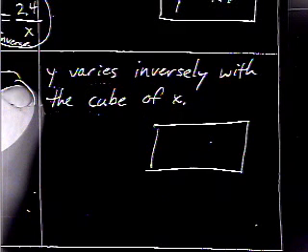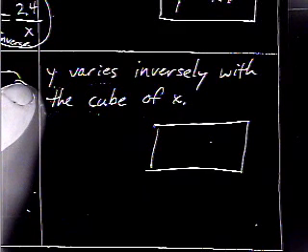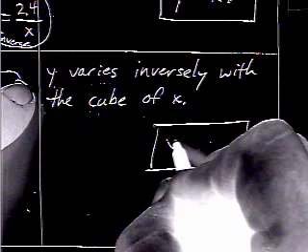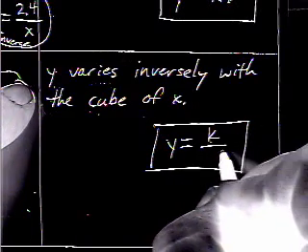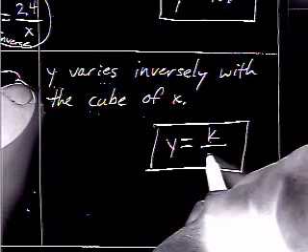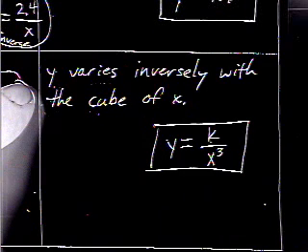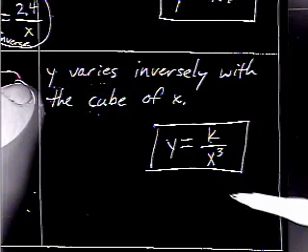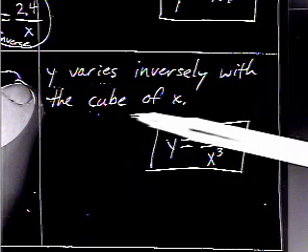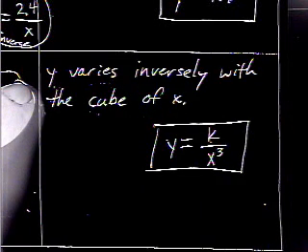Y varies inversely with the cube of x. Y varies inversely, that's k divided by the cube of x, x to the third. So you have to be able to take this language and convert it into an equation to use.